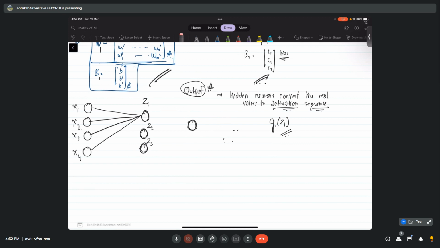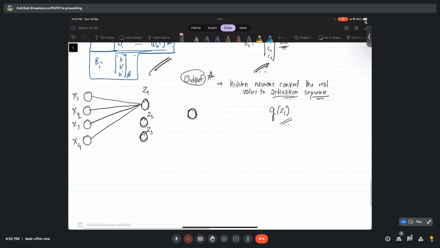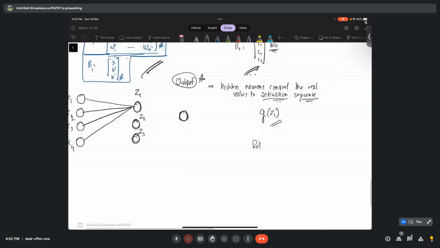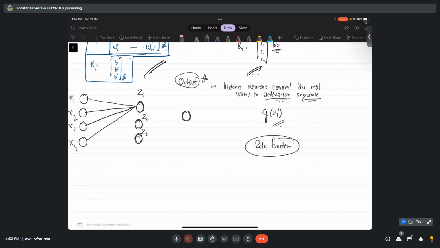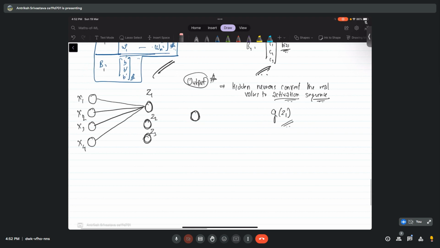Then we have to use something called a ReLU function, or you can just use the identity function as an activation function for the last layer. So we'll see now how we do that.